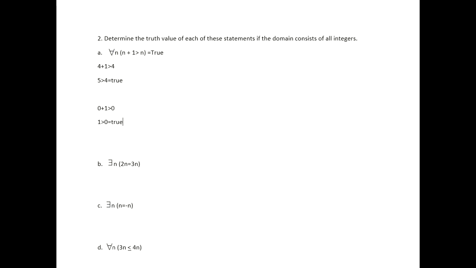So, true po siya. So, if ibutang nato o negative 5 plus 1 is greater than negative 5, which is the value of n. So, negative 5 plus 1 is equals to negative 4 is greater than negative 5, which is the value sa n.